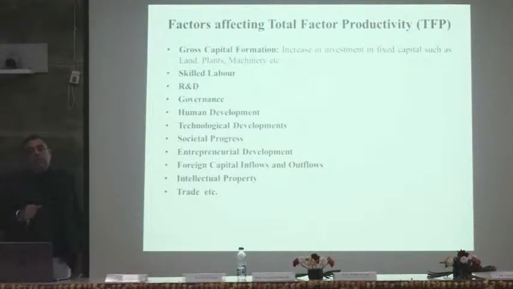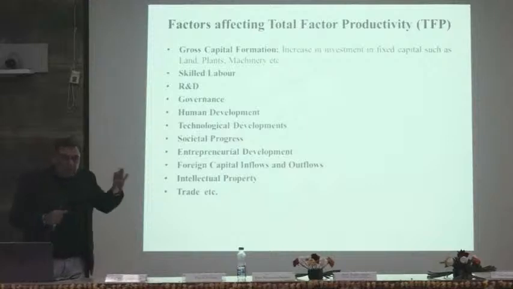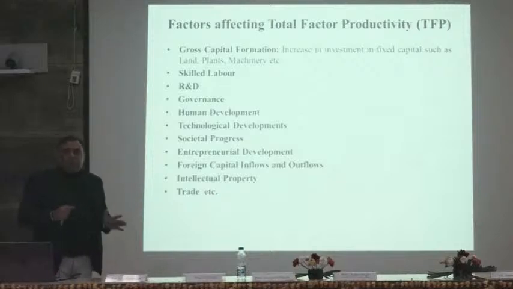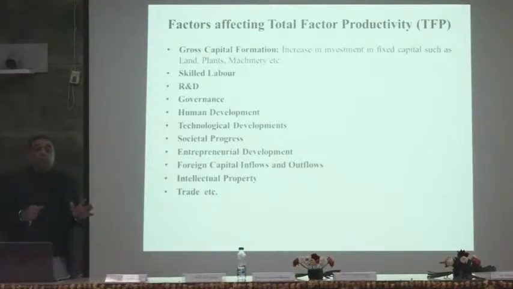Like in India, how can we increase the productivity? Through the literature review, there are some factors that I have written here. There are other factors also, but what kinds of factors contribute to total factor productivity?